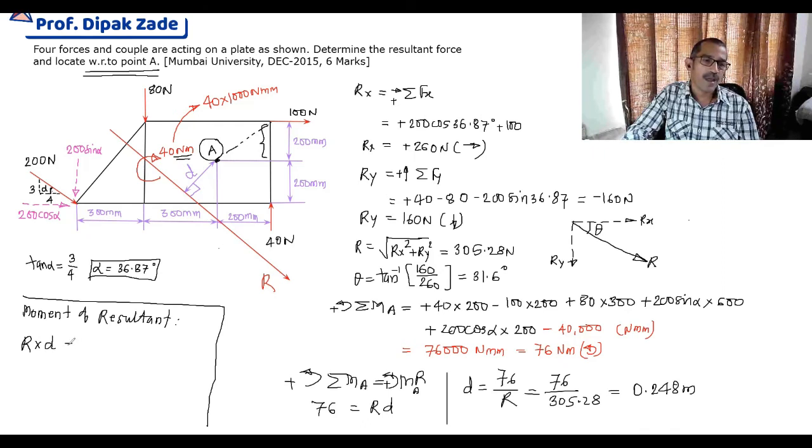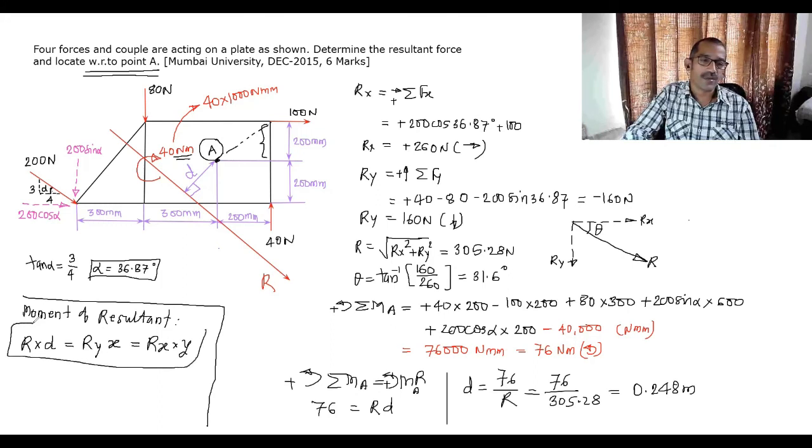Or if we take the moment of Ry, the vertical component, the distance from that point becomes the horizontal distance, so Ry into x. Or if we take the moment of the horizontal component, the distance becomes the y distance. So if the perpendicular distance is asked, we write R into D. If the horizontal distance is to be found, we write Ry into x, resolving the resultant and then finding x. And if the vertical distance is to be found, we take the moment of the horizontal component.